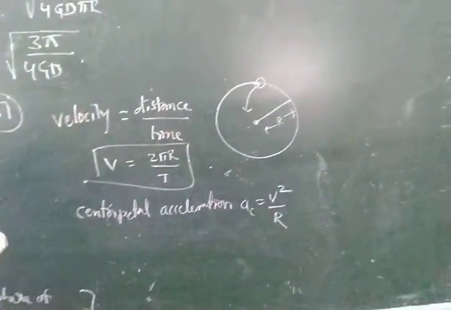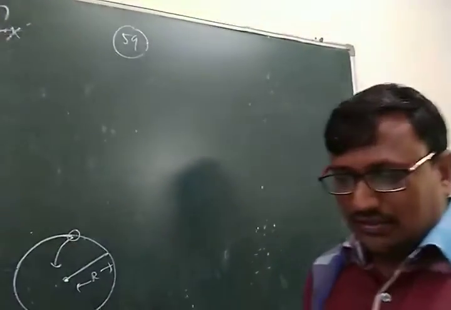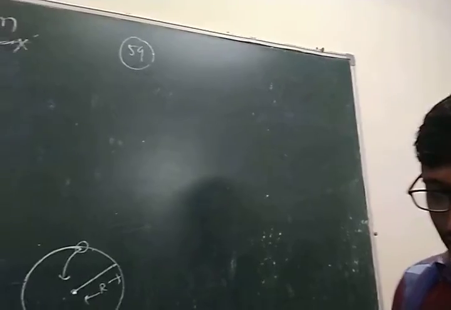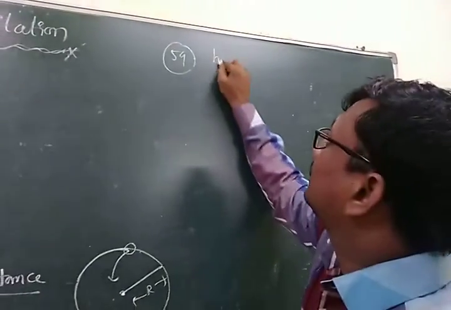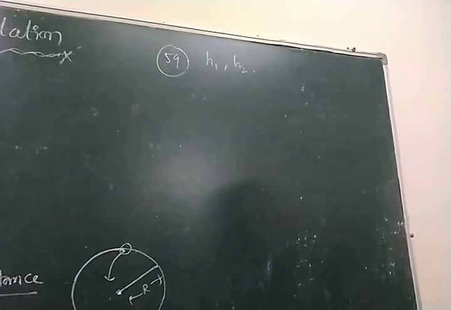Next, question number 59. The ratio of the time periods of two satellites at heights H1 and H2 from the surface of the earth.